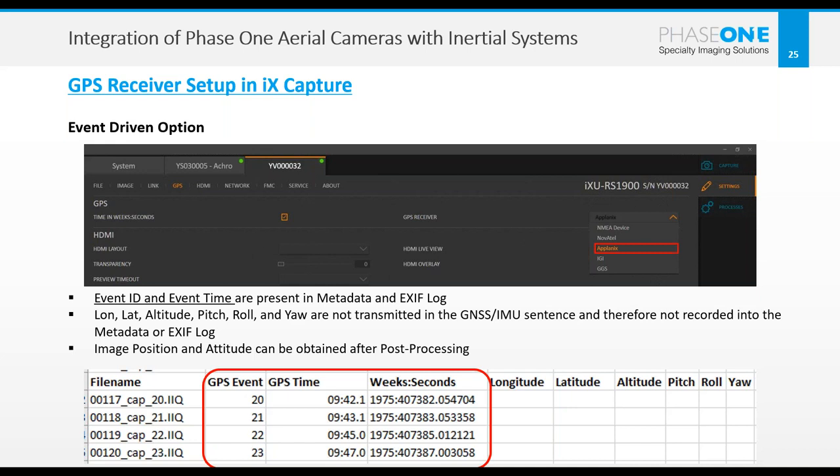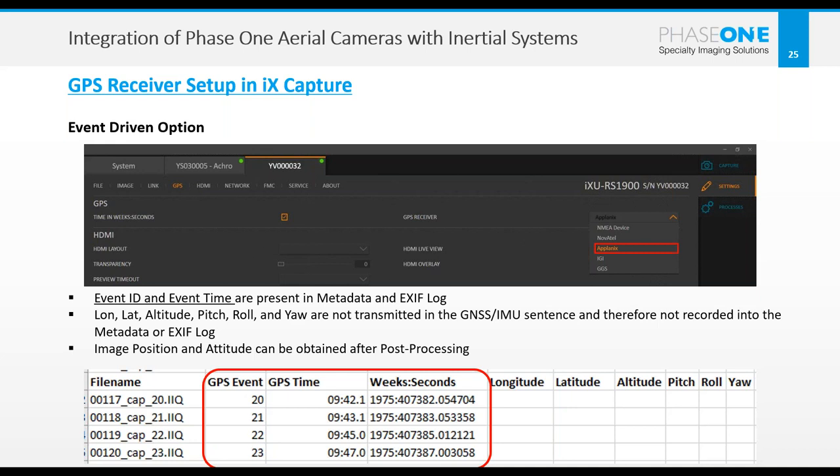Longitude, latitude, altitude, pitch, roll, and yaw are not transmitted because the system is only concerned and busy marking the mid-exposure pulse time mark in the navigation and returning a message with the sequential number of that event and the GPS time when that mark occurred.